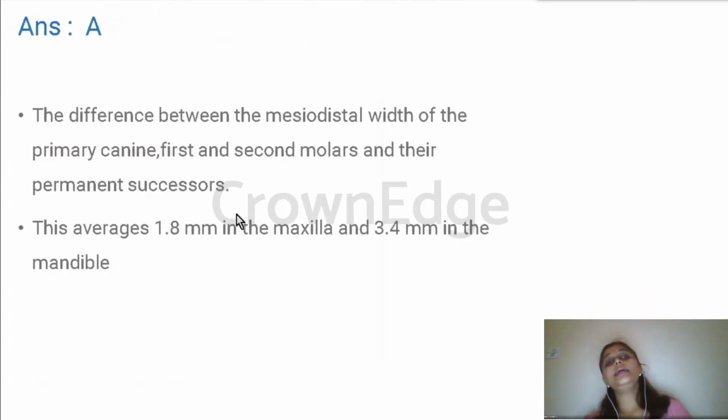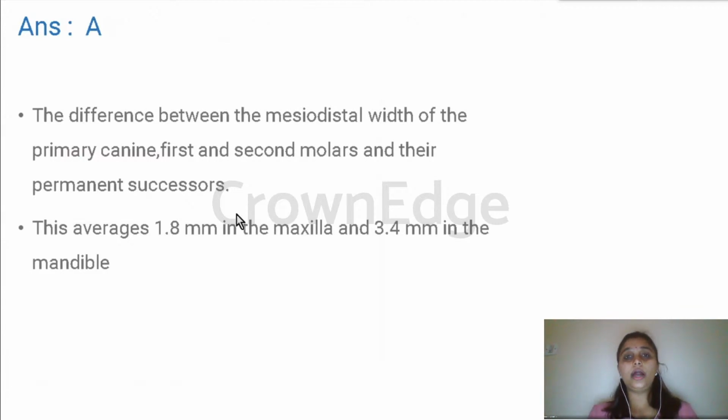The leeway space in the maxillary arch, the total space, is 1.8 mm. So when I ask maxillary quadrant, I mean half of it, which is only one particular quadrant, that is 0.9 mm. So 0.9 mm on the right side, 0.9 mm on the left side.